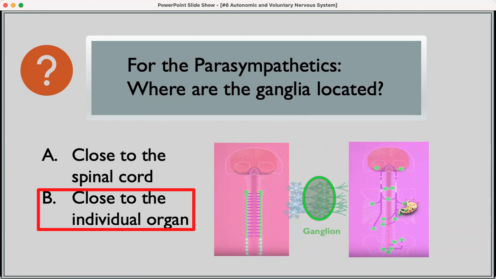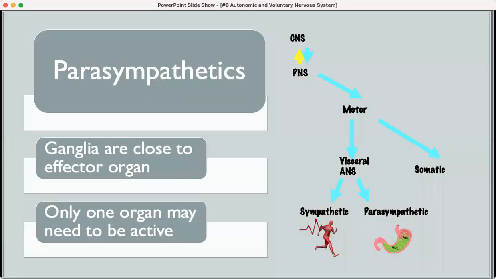All you're doing is affecting one single organ to start resting and digesting, digesting specifically. So only one organ needs to be active with parasympathetic stimulation. So only that ganglia closest to that necessary visceral organ.